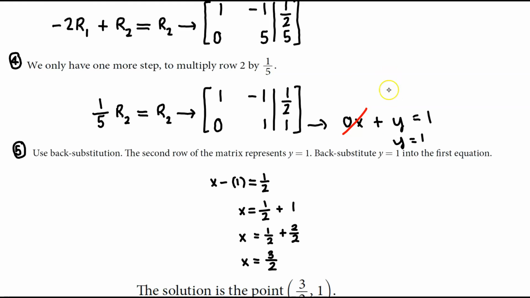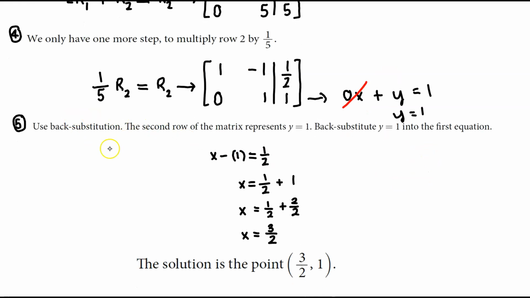Now, in step number 5, now that we know that y is equal to 1, we can use back substitution. The second row of the matrix represents y is equal to 1, like we stated, and we're going to back substitute y equals 1 into the first equation. The first equation had a coefficient of 1 for x minus a coefficient of 1 for y, and that's going to equal 1/2.